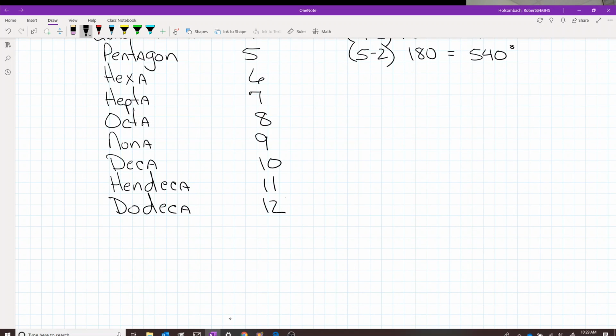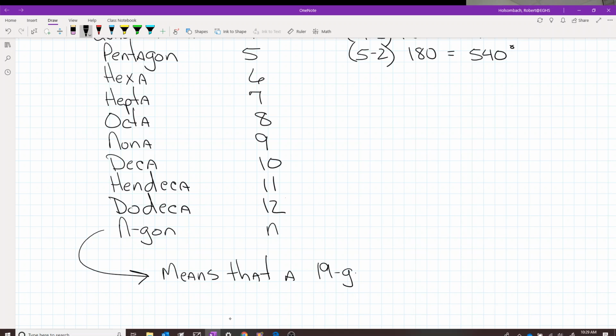Now that table goes all the way down to an n-gon, and an n-gon has n number of sides. What that means is that a 19-gon has 19 sides. Or a 21-gon has 21 sides.